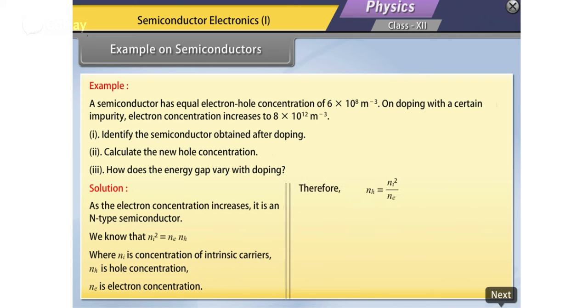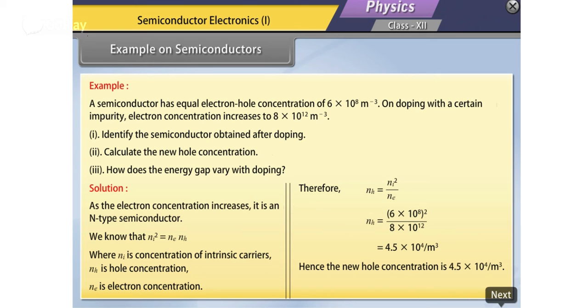Therefore, Nh is equal to Ni² divided by Ne. On putting the values, we get Nh is equal to 4.5 × 10^4 per meter cube. Hence, the new hole concentration is 4.5 × 10^4 per meter cube. With the doping, energy gap decreases.